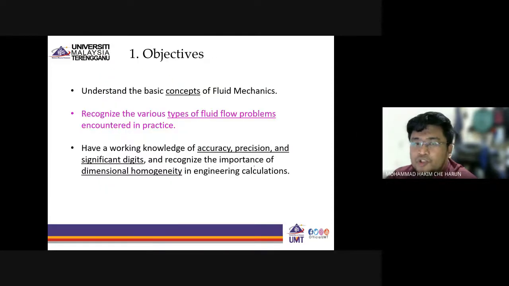Okay, so the objective, of course, is that we want you to understand the basic concepts of fluid mechanics. What is fluid mechanics and everything? Because fluid flow has various types, we want you to recognize them. Fluid mechanics is also largely related to the engineering and technical fields. So we want you to have knowledge and work with accuracy and precision in calculations, whether in engineering or not.